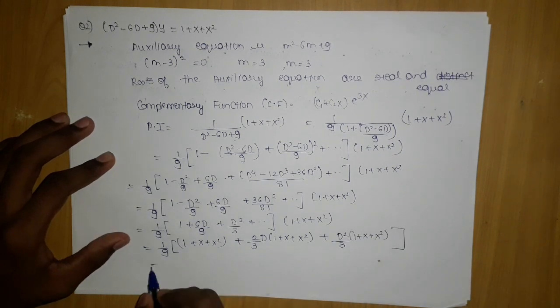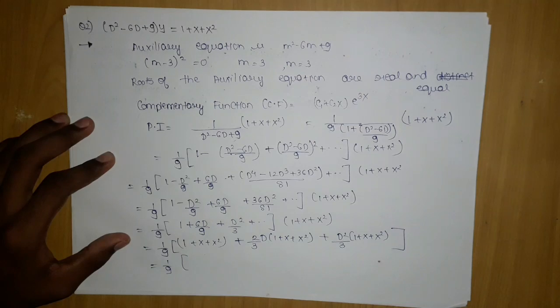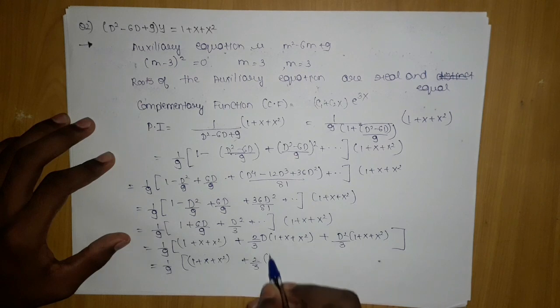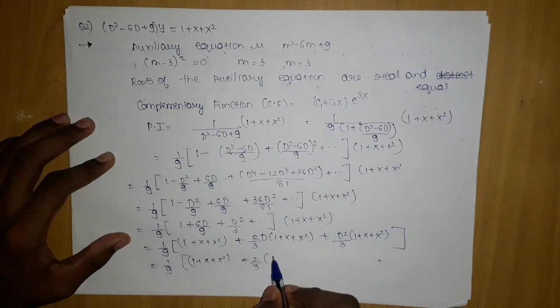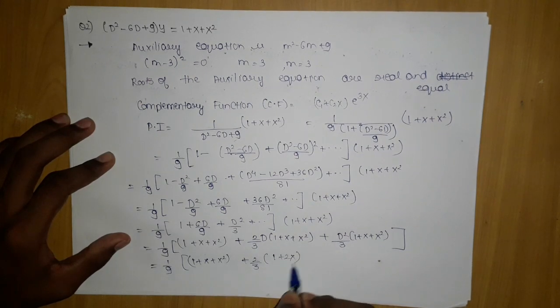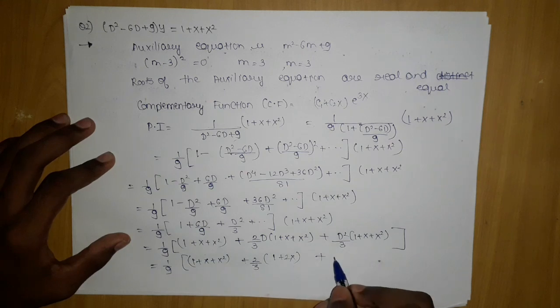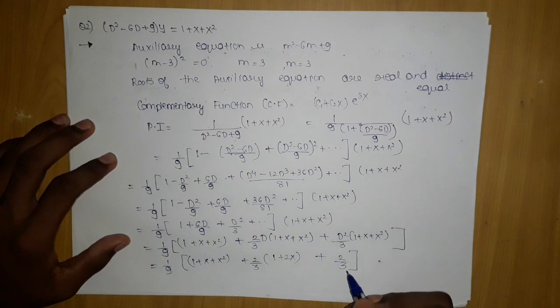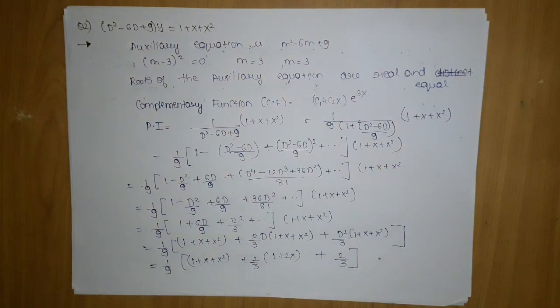After this 1 by 9, this will be as it is 1 plus x square, 2 by 3, this will be 0, this will be 1, and this will be 2x, 1 plus 2x, and this, if we differentiate it further, will be 2 by 3. We are getting something like this.